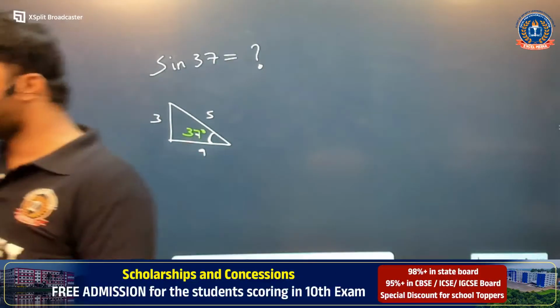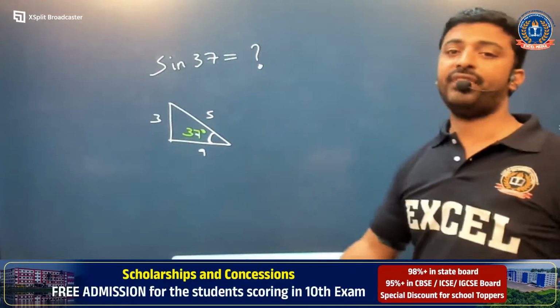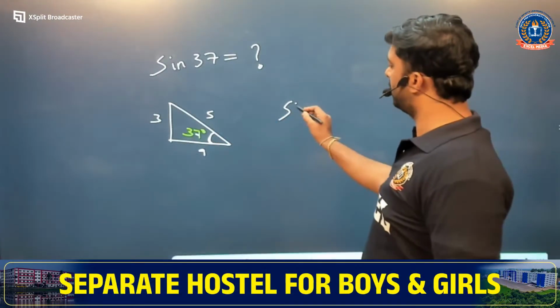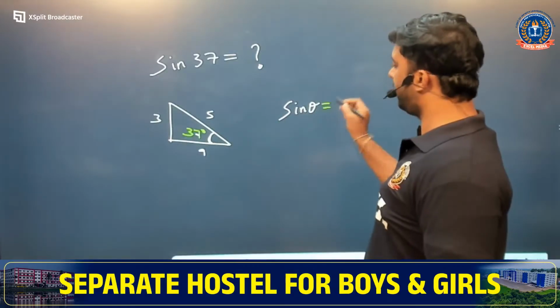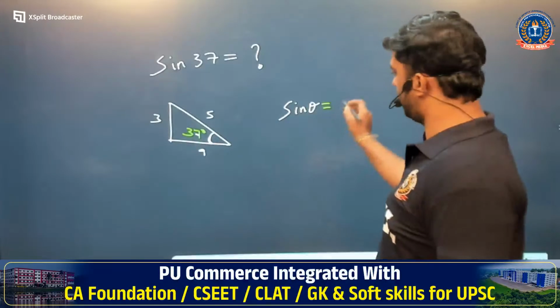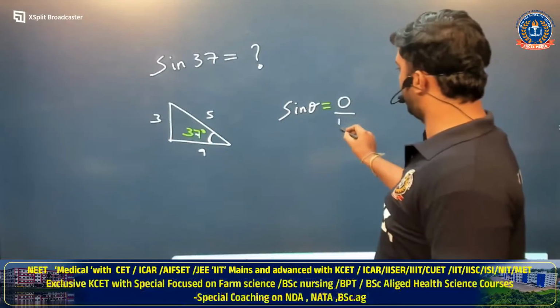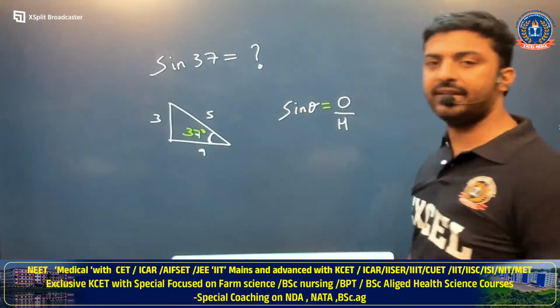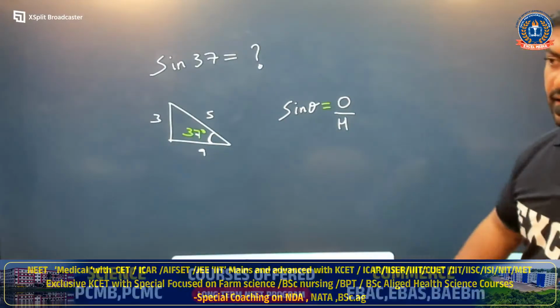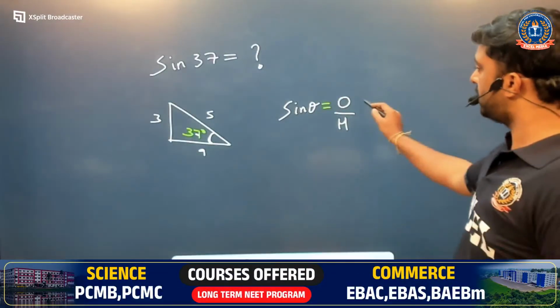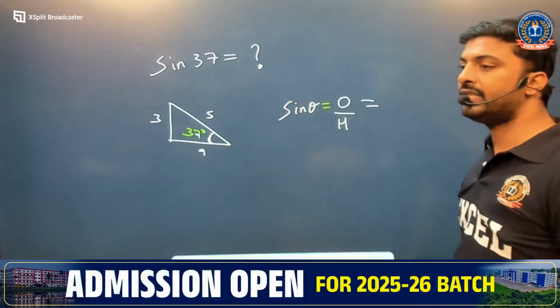Draw the triplet. Now you know the definition of sine theta. What is the definition of sine theta? It is opposite by hypotenuse, right? So in the triplet triangle, which is the opposite side?